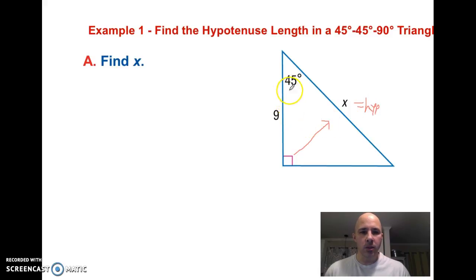This is a 45 degree angle, and this is also a 45 degree angle, so the triangle is isosceles and these sides are equal to each other. So this is also going to be 9. This 9 and 9 represents your legs, so this is your leg. The first thing I want you to do is always label.